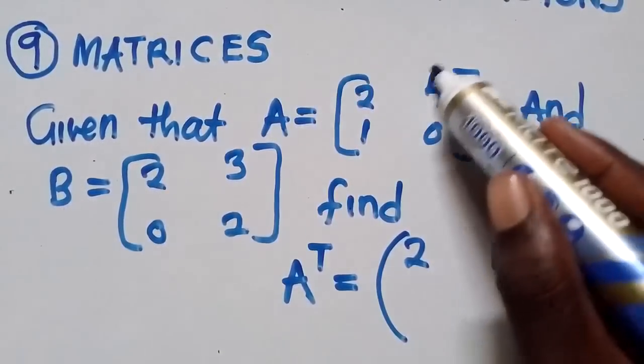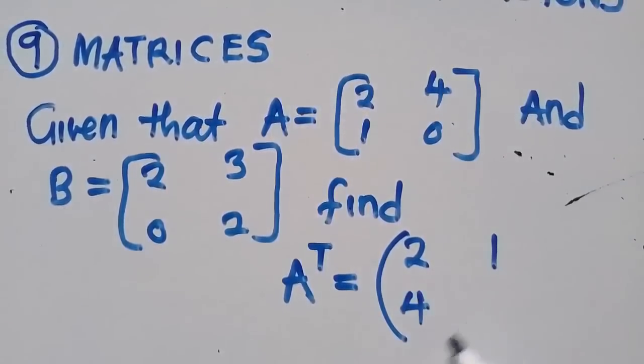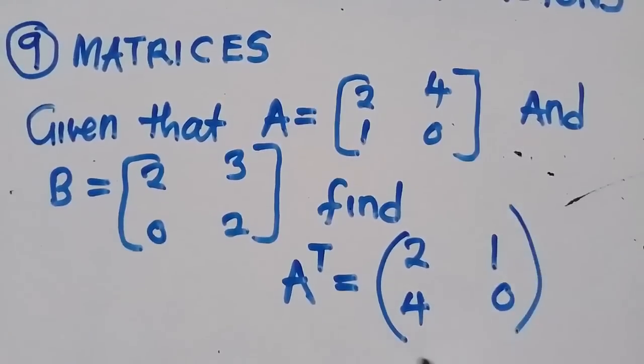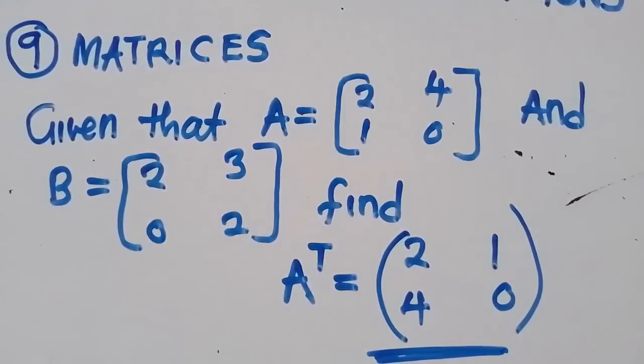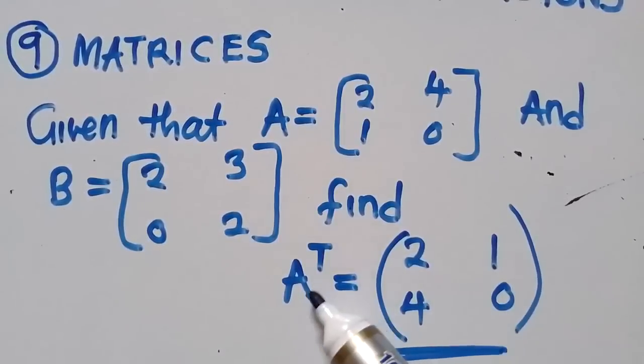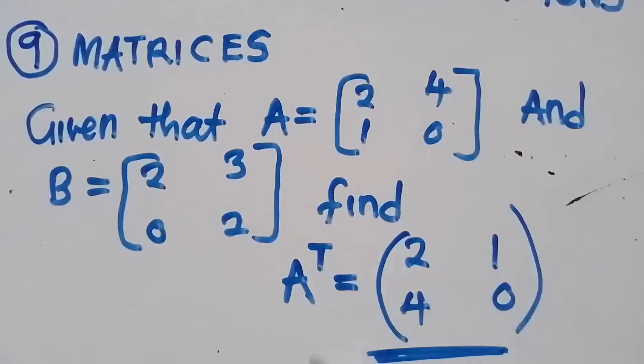This other column will become a row, 4, 0. So you found A transpose. This is where you change rows to columns and columns to rows.